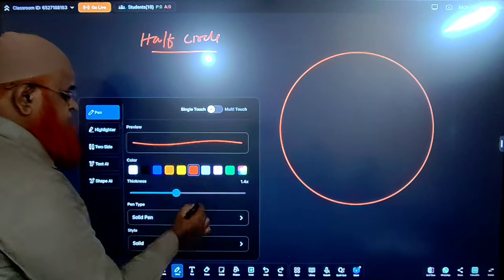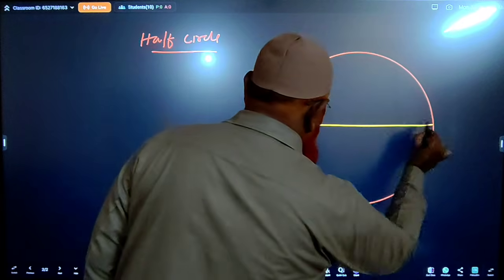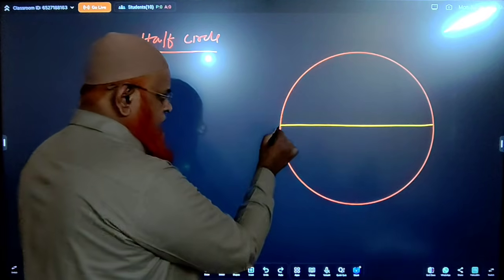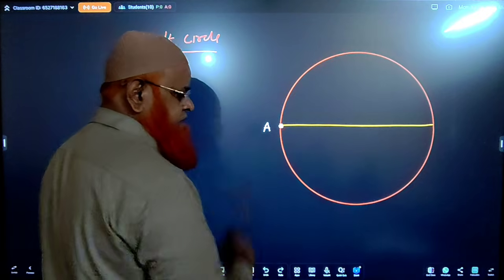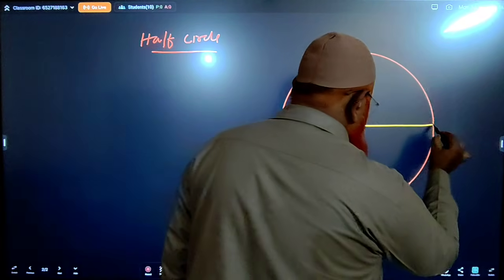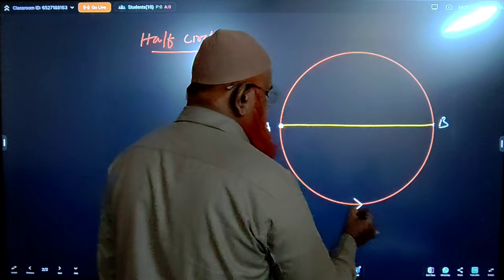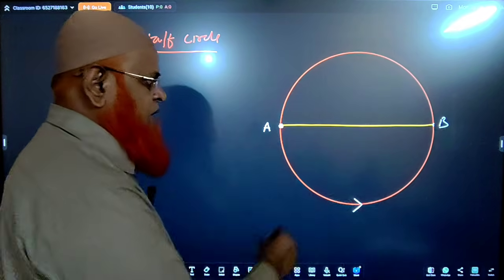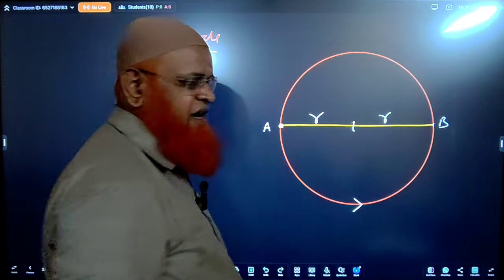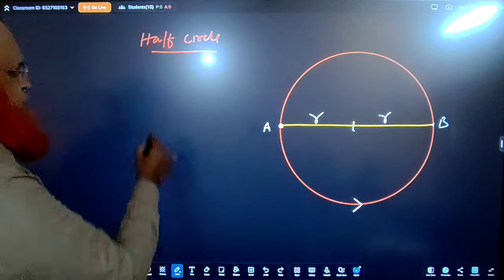Here, this is going to be the diameter of the circle, and a boy or a body has started from A and has traveled to B. That is called a half circle, from here to here. You know the radius of the circle is r, and this is also going to be the radius. So what is the distance and displacement?